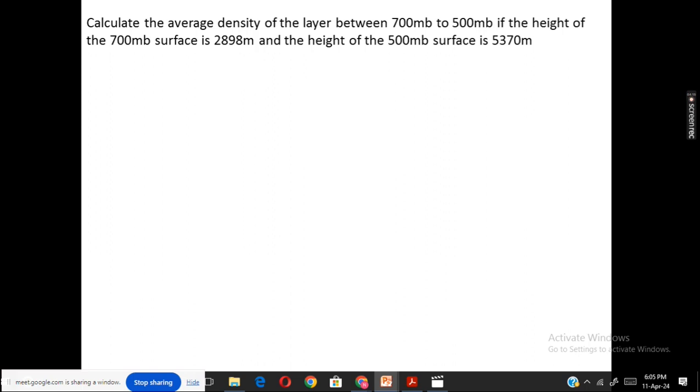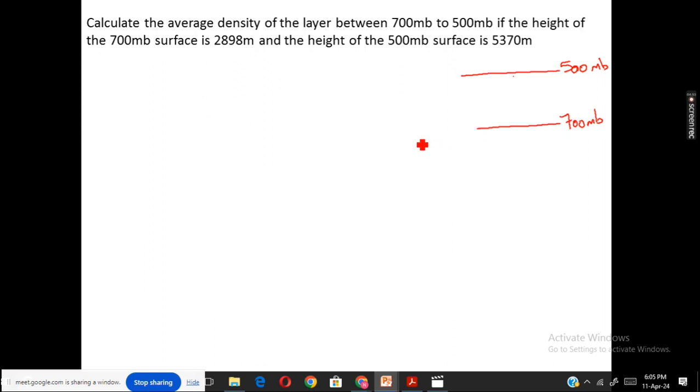As you can see, this question is from the initial sessions that we had discussed regarding different pressure levels, different heights, how the pressure varies vertically and all those things. Basically the question says they want to calculate the density between two layers in the atmosphere. The lower layer is the one at a higher pressure, that is 700 MB, and another layer is above it, at a pressure level of 500 MB.